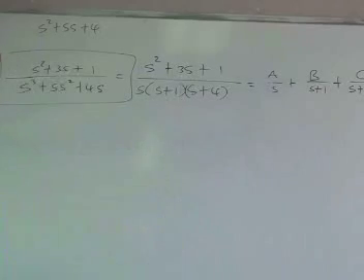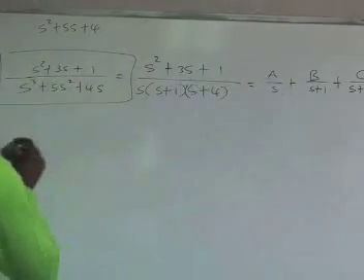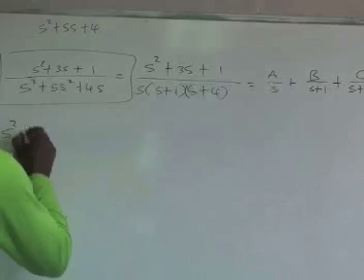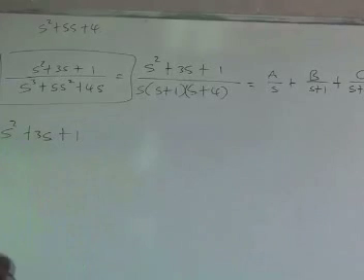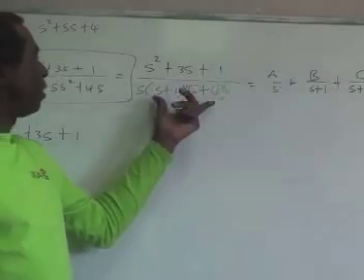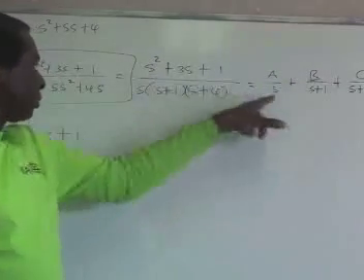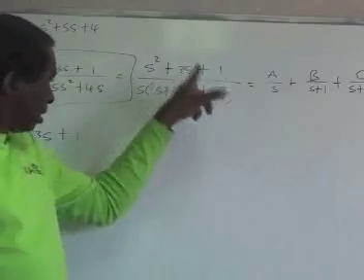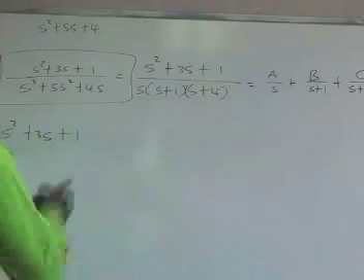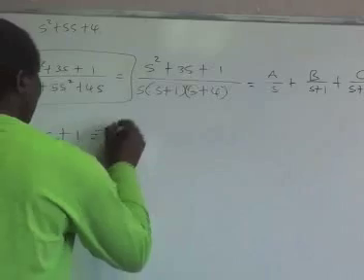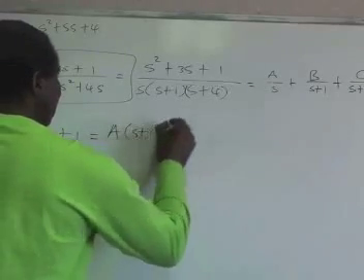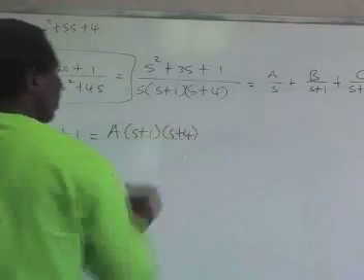Then we have our numerator on this side, s squared plus 3s plus 1. For the denominator, if I multiply this over s, the s disappears, and we are left with s plus 1, s plus 4. Is that okay? So this will give us A times s plus 1, s plus 4.